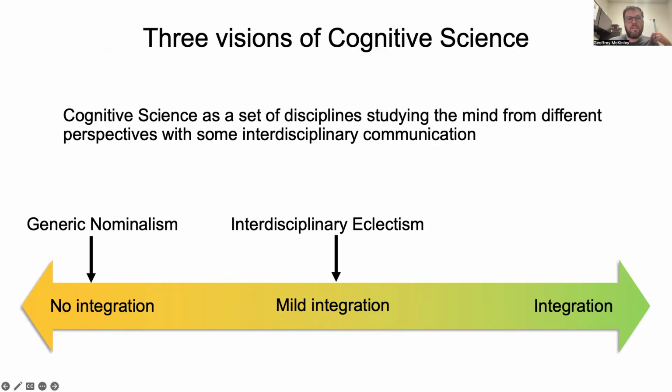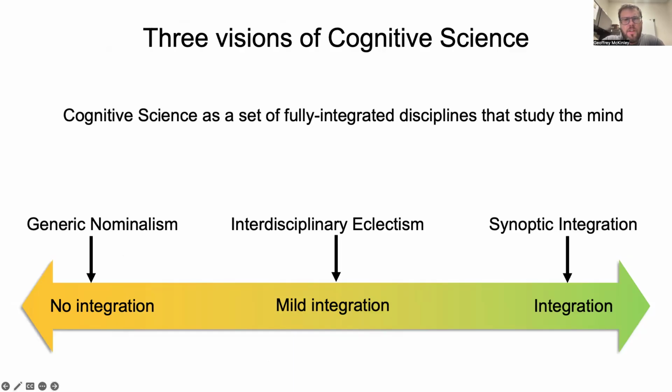I want to point out, this is probably more or less the state of cognitive science. A linguist might talk to a psychologist, and one may borrow a few ideas from the other here and there at most. But the problem with this approach is that real intellectual problems often don't respect disciplinary boundaries. The third vision is called synoptic integration.